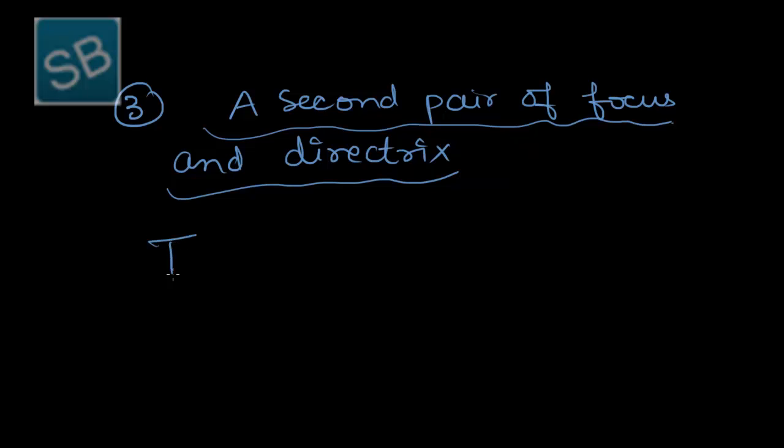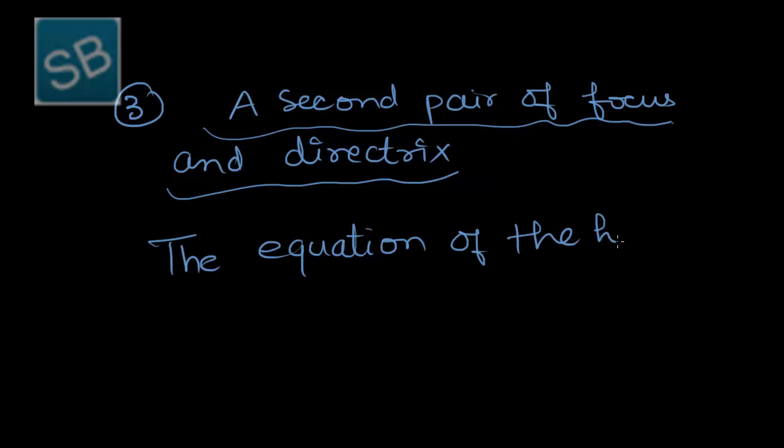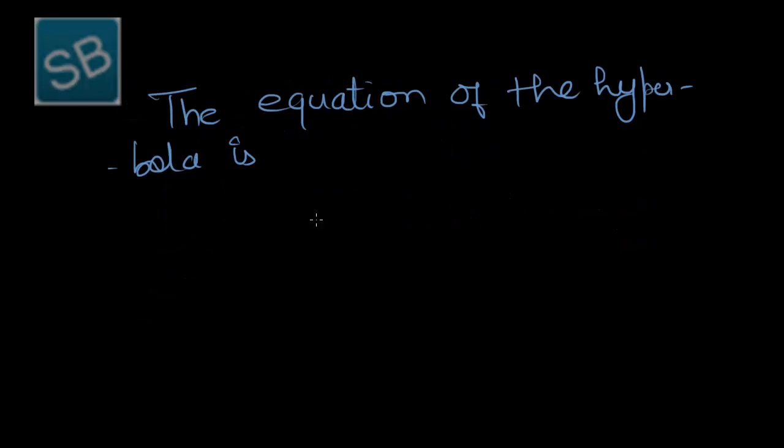So as we know, the equation of the hyperbola is x square over a square minus y square over b square is equal to 1.